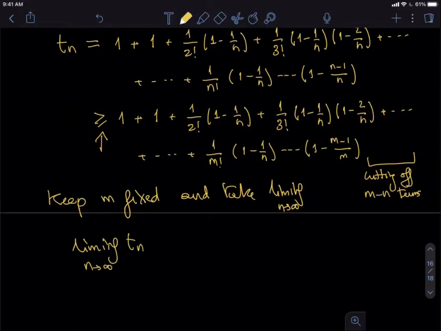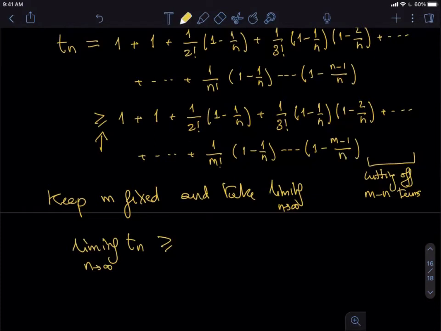I get that the lim inf of Tn is bigger or equal than this little monster here, but let's look at it carefully. When n tends to infinity, everything that depends on n, because it's dividing 1 over n, 2 over n, n minus 1 over n, all these are going to vanish.